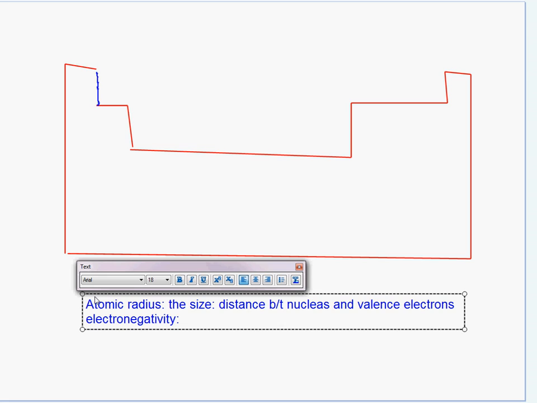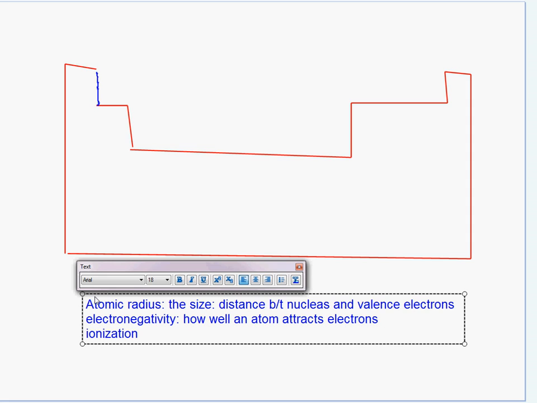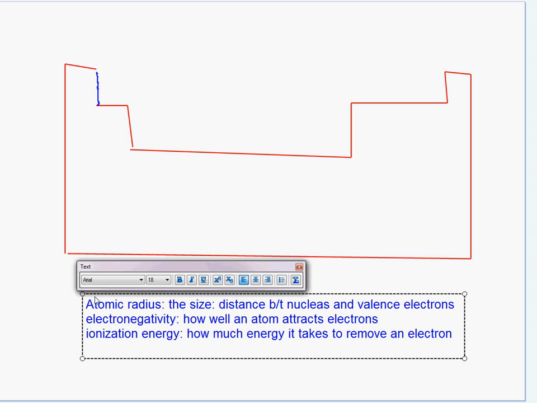Electronegativity is how well an atom attracts electrons. And then ionization energy is how much energy it takes to remove an electron, aka how hard it is to remove an electron.